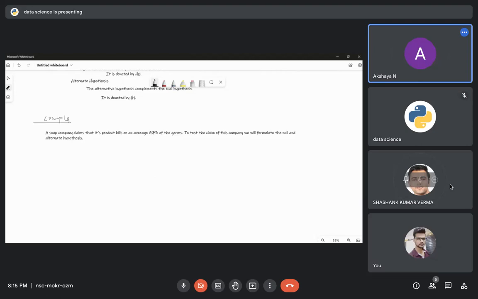Okay, now in order to do hypothesis testing, we first have to consider whether this testing is one-tailed or two-tailed. Let me write that part as well.